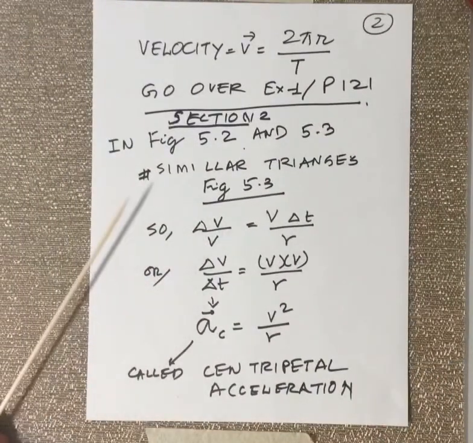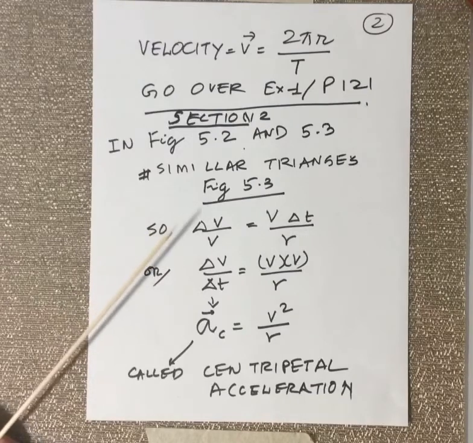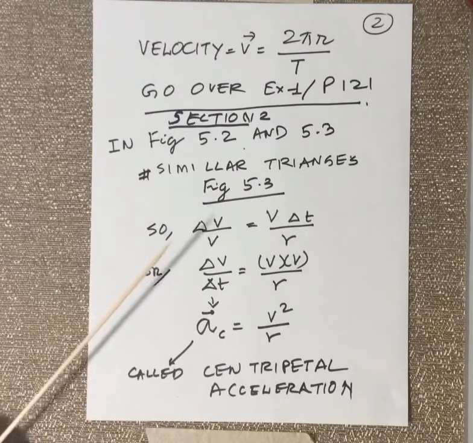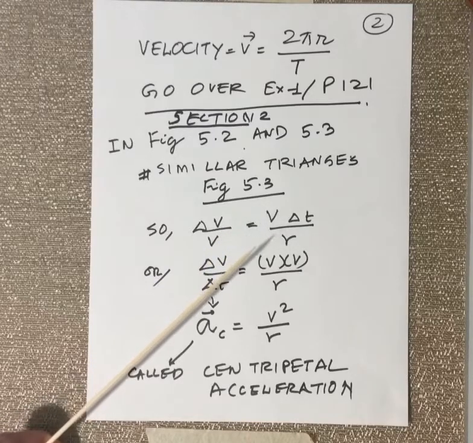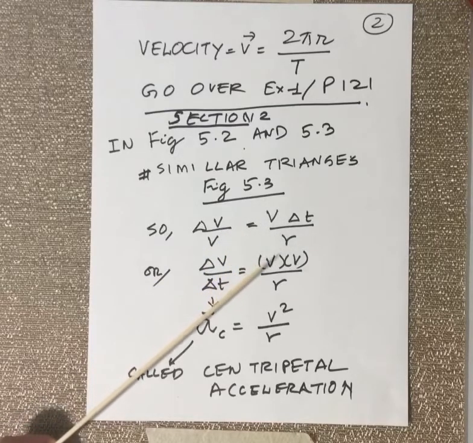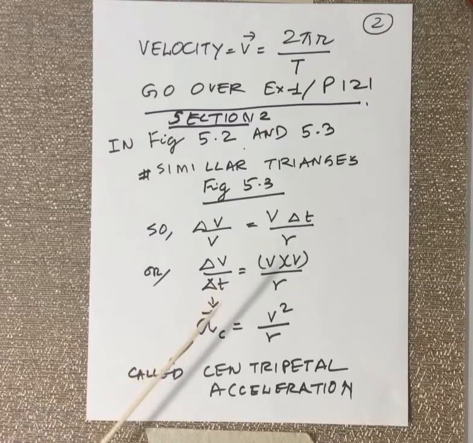Now depending on figure 3, delta V over V equals v delta T over R from the other segment.